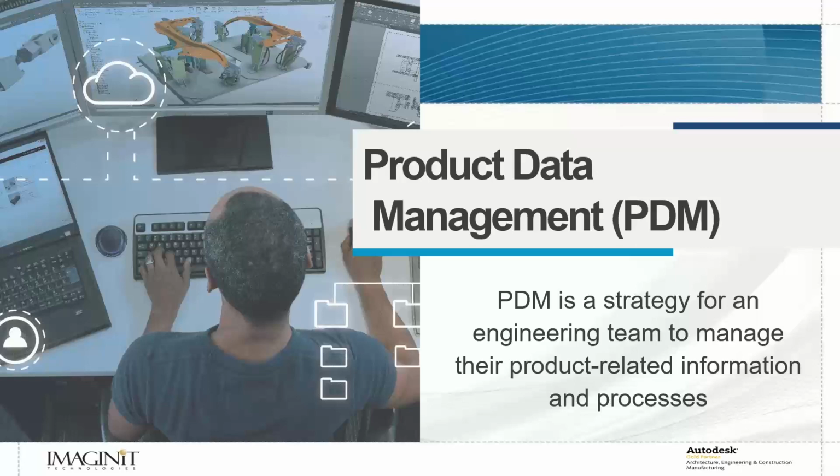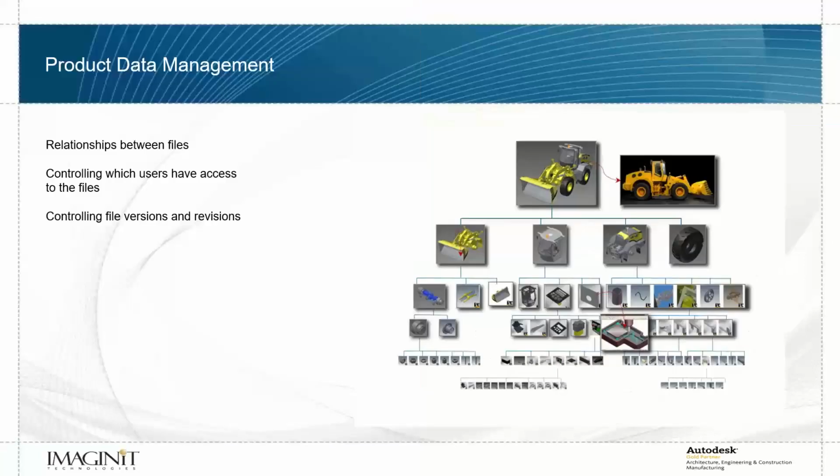The whole reason we need PDM is because when we look at CAD files, a little bit with AutoCAD, but particularly with Inventor, we have relationships between the files. So I've got a master assembly, and it's made up of sub-assemblies, and those sub-assemblies are made up of sub-assemblies, which are ultimately made up of all these parts.